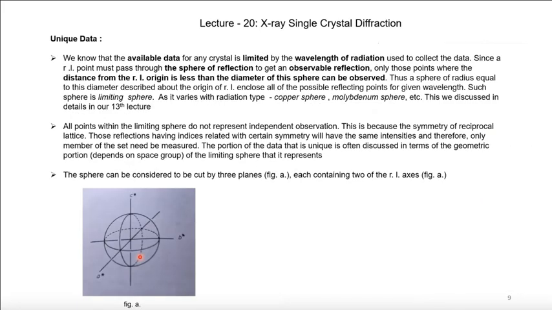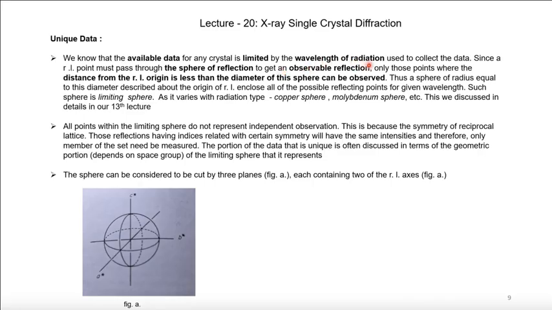Okay, now we have to talk about unique data. What do we mean by unique data? That's what we have to discuss. The available data from any crystal is limited by the wavelength of radiation.